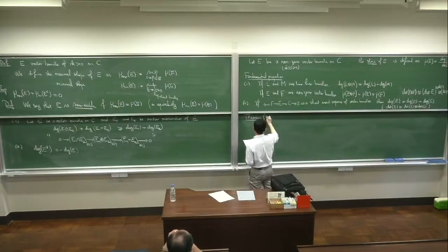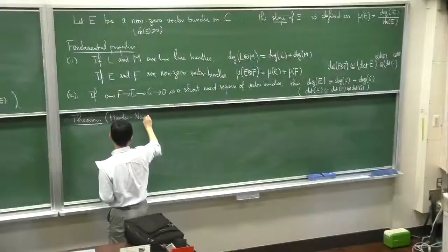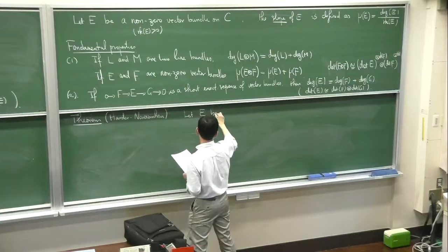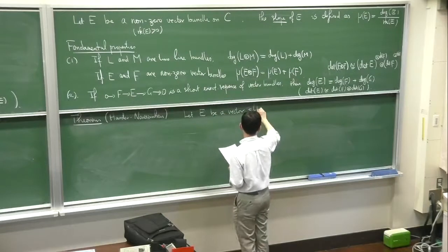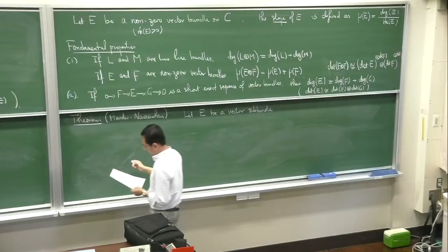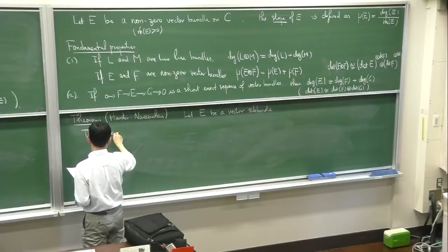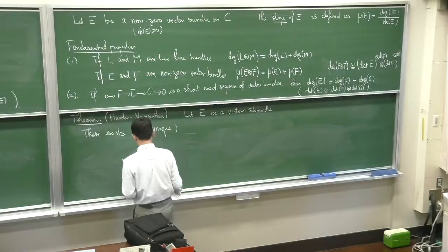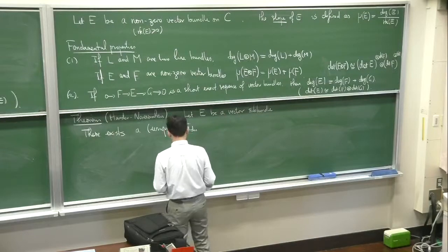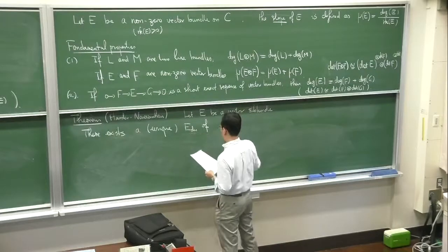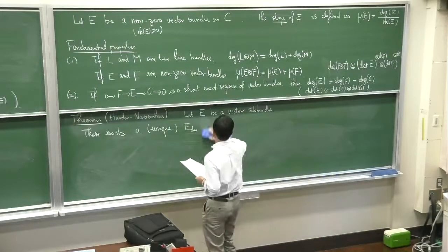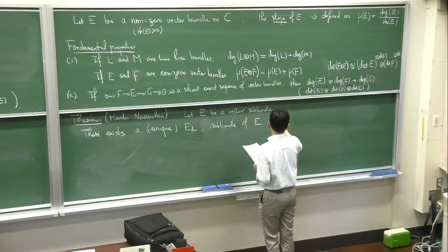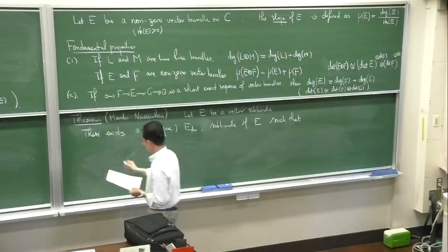So let me state it as a theorem. Let E be a vector bundle. Of course we need to assume that the rank of E is positive. Then there exists a unique subbundle E of E (uniqueness is also a consequence of the properties of this universal vector subbundle), which satisfies the following two properties.